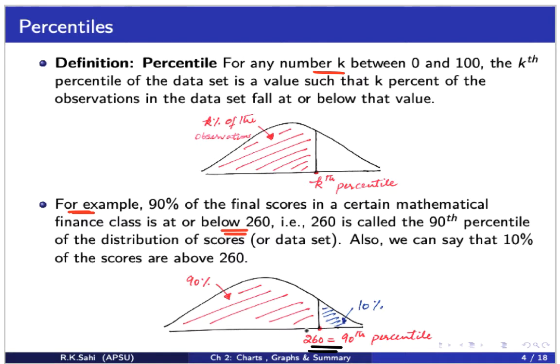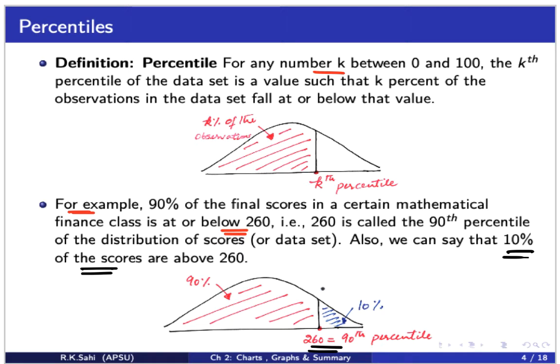That is, to the left of 260, 90% of the students in that mathematical finance class scored a value of 260 or below. So also we can say that 10% of the scores in that class are above 260.